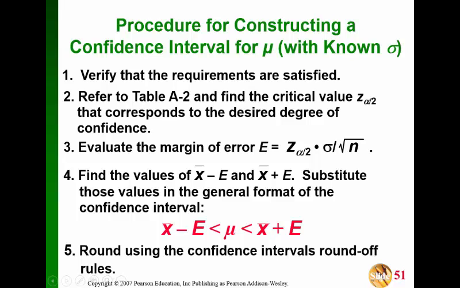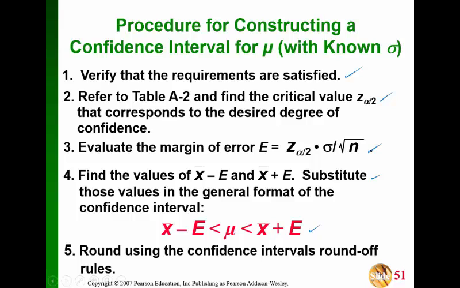So without writing and going through all the stuff, the procedure for constructing is: you verify those conditions are satisfied, the requirements. You find your z sub alpha over 2, you find your margin of error, you add and subtract your margin of error from your point estimate, x bar, and then you write it like an inequality.